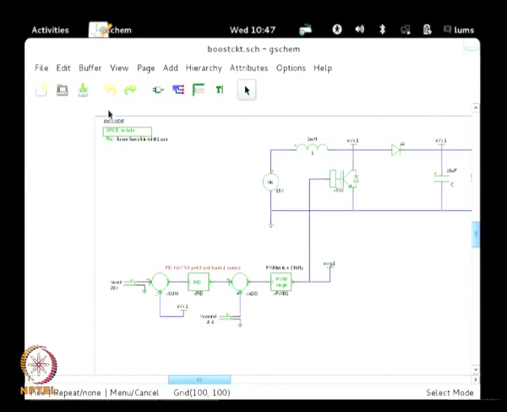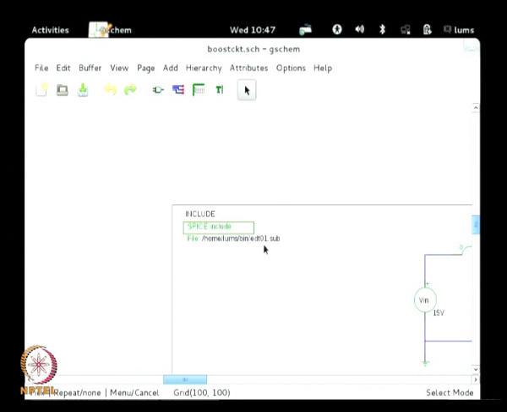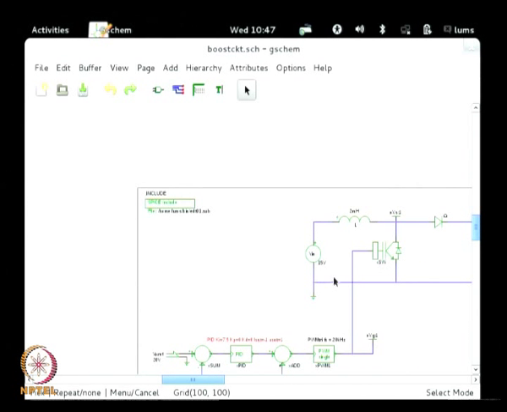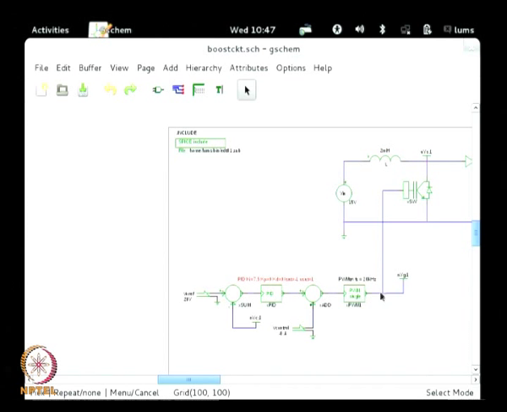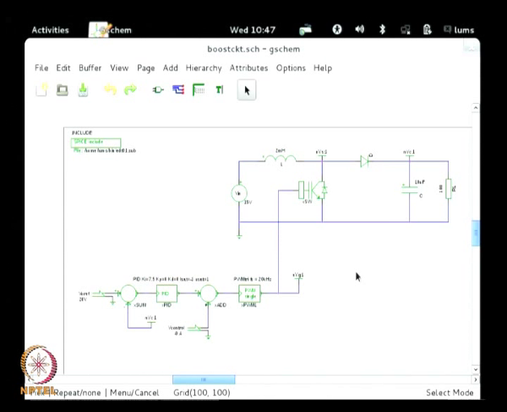So, as I had mentioned earlier, we give the file name which contains the sub-circuit models of all the components. Now, let us try to simulate this circuit and see what would be the voltage at the output, with this 20 volt reference, and we have 15 volts which we want to be boosted to 20 volts, as we have referred here.